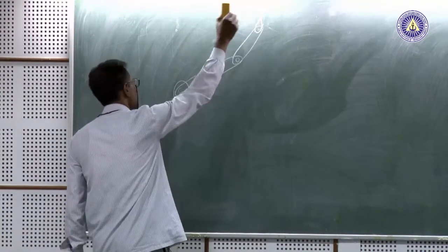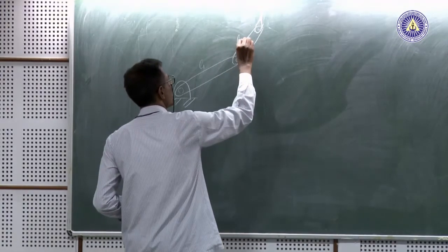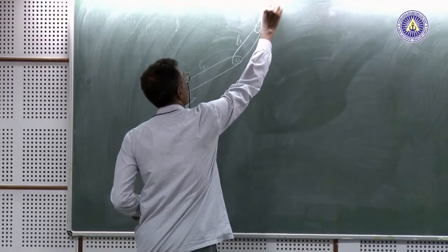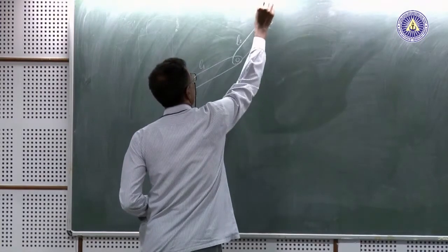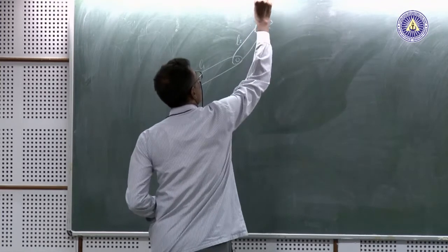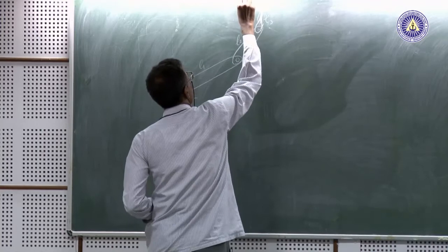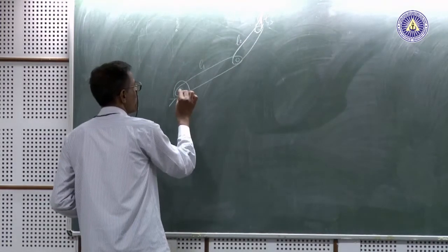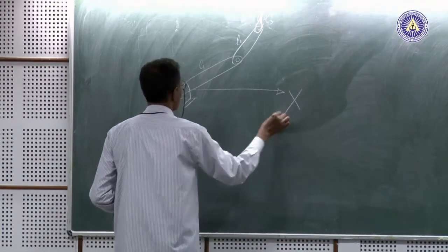Okay. So, L3 we keep it. So, this link is of L1 length, this is of L2 length, this is of L3 length, and the final frame of reference is here. X here, y here and z upward, and the base frame fixed.